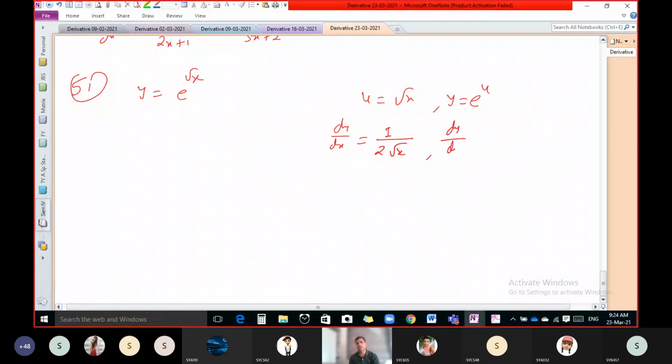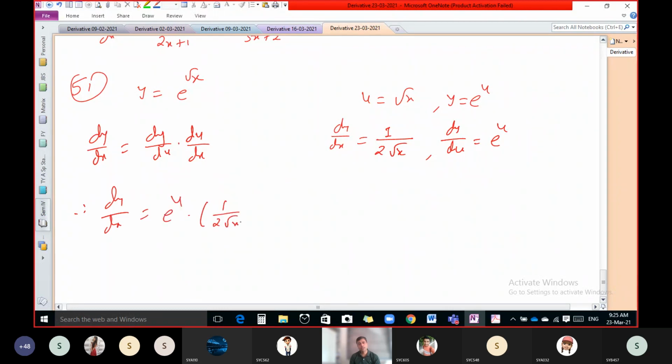And dy by du, that is e raised to u. Final answer: dy by dx is dy by du into du by dx. So it is like this only, e raised to u into 1 upon 2 root x.